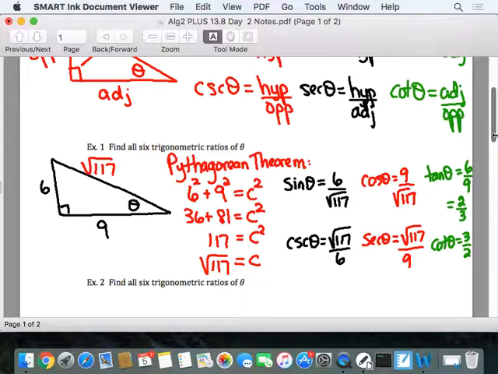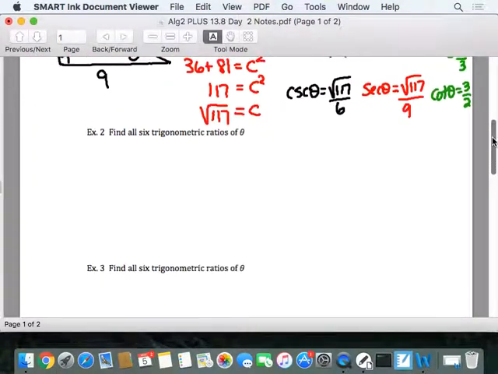So if you have a right triangle and you know 2 of the 3 sides, use Pythagorean theorem to find the missing side. Then you're going to go through, use SOHCAHTOA, find sine, cosine, tangent, and then just flip each of those. All right, example 2.